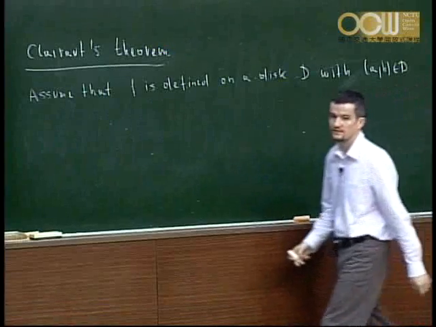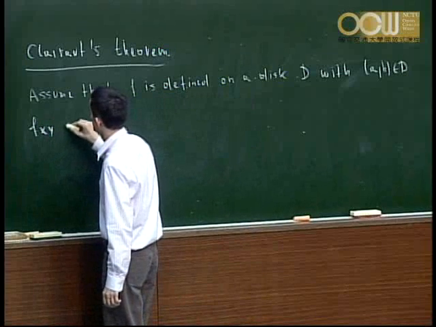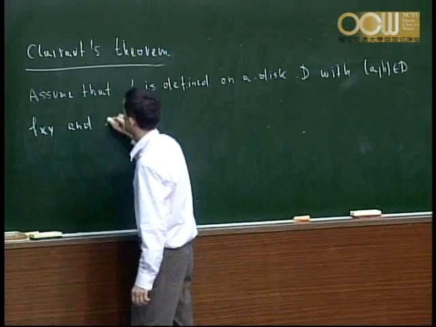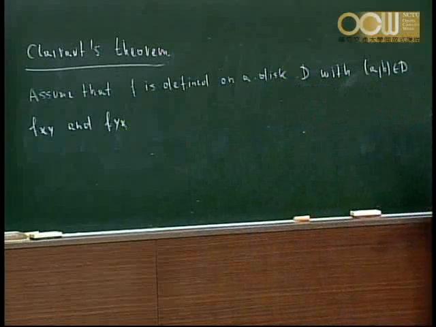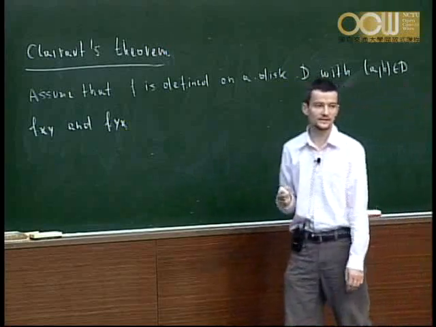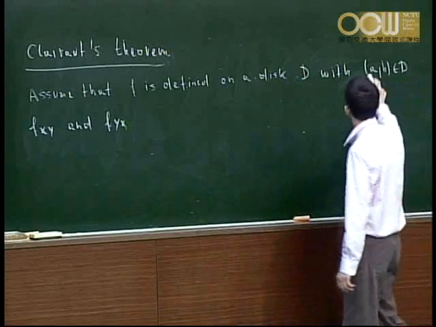Now, what we need as assumptions is that the partial derivatives, of course, must exist, because if they don't exist, then we won't have that they are the same. Okay, so they must exist, but this is not enough. They must be continuous at (a, b).